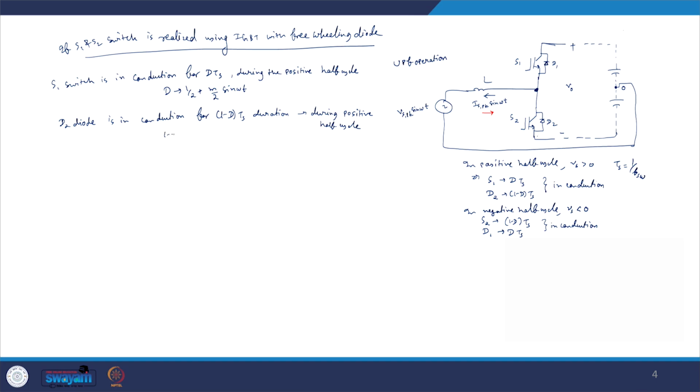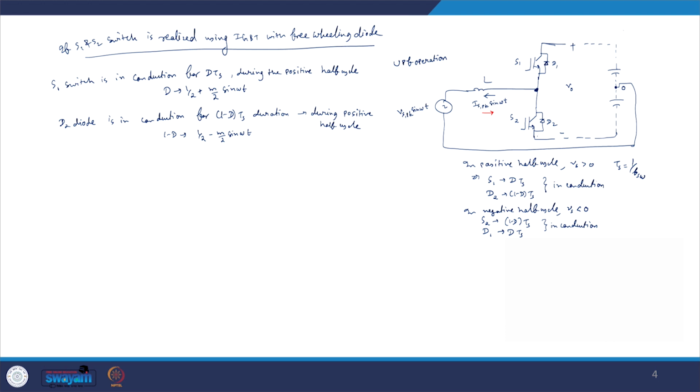So we can easily do 1 minus D, which gives you 1 by 2 minus m by 2 sine omega t. And in a general sense, because the switch S1 will only be conducting in the positive half cycle, while in the negative half cycle it will be completely off.